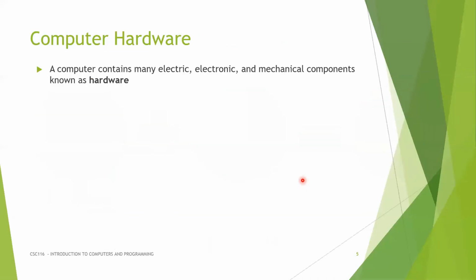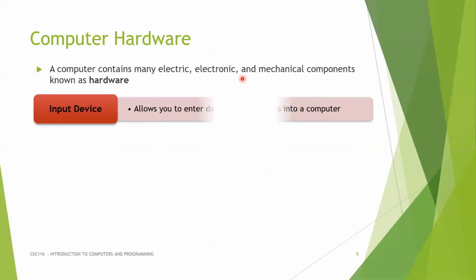Okay. So next, computer hardware, macam saya cakap tadi, computer hardware adalah benda yang kita boleh pegang, kita boleh nampak. So the definition of computer hardware is that the computer contains many electronic and mechanical components known as hardware. For example, we have the input device. Apa maksud input device? So input device definition dia adalah allows you to enter data and instructions into a computer.